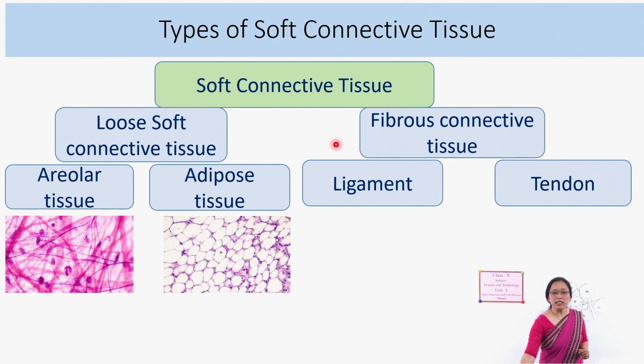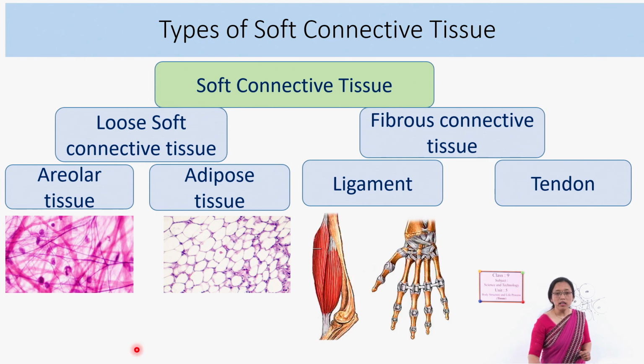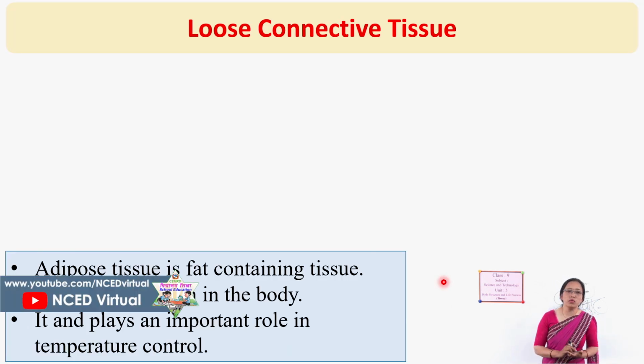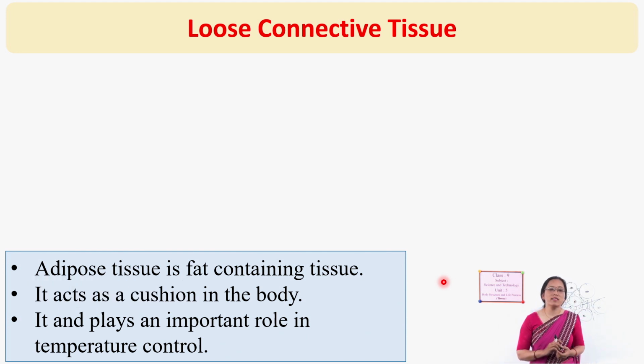And next, in the fibrous connective tissue we see ligament and tendon. Ligaments bind bones to bones, whereas tendons bind muscle to bone. First, just now I have said what is adipose tissue. Adipose tissue is the fat containing tissue.